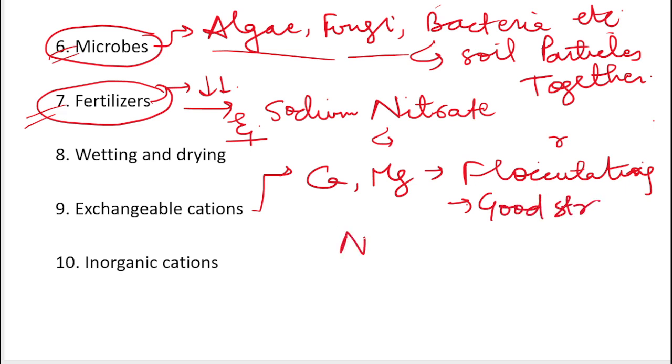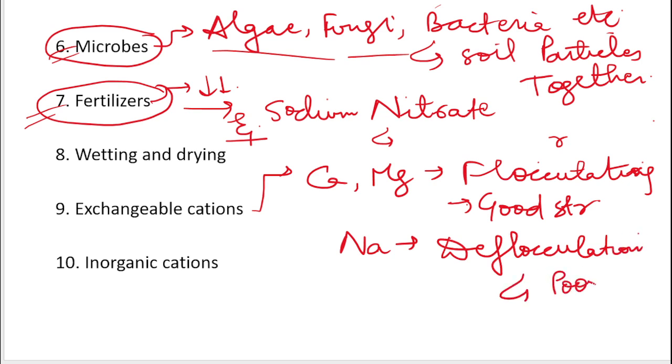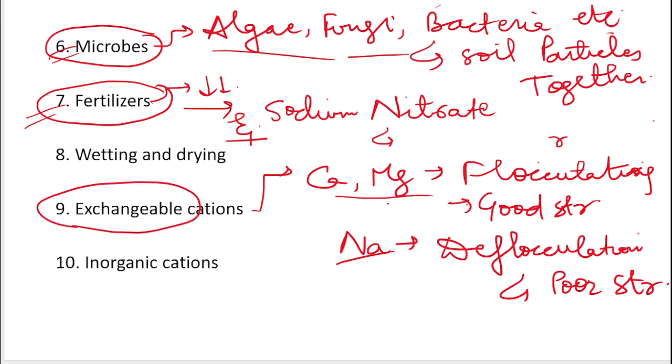Whereas sodium, a high amount of sodium does deflocculation, which leads to poor structure. So which type of exchangeable cations are there, in which amount they are there, it also impacts the soil structure.